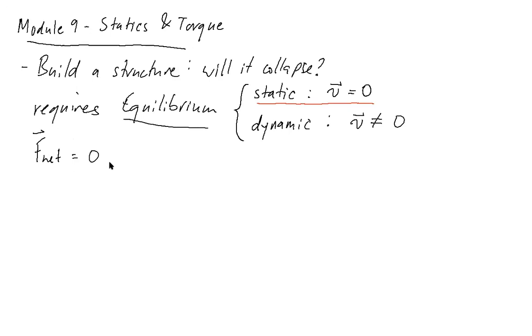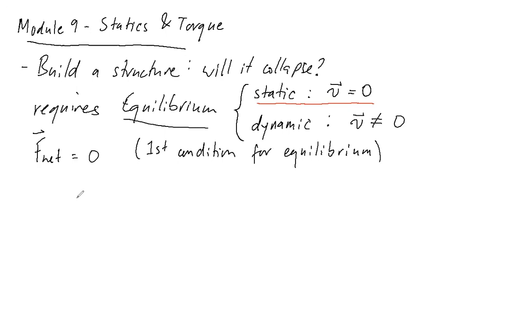Now, it is of course true that the net forces have to be zero in order for you to be in equilibrium. This is necessary, but by itself is not sufficient for equilibrium. So this is known as the first condition for equilibrium.